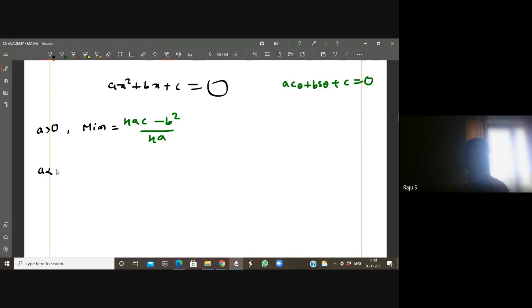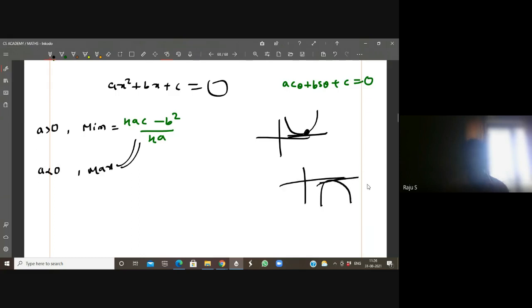When a is lesser than 0, this will give a maximum value. Because a greater than 0 means the graph of the quadratic will be open upwards, and whenever it is open upwards, we get the minimum value. Whenever a is lesser than 0, it is open downwards, and we get a maximum value.